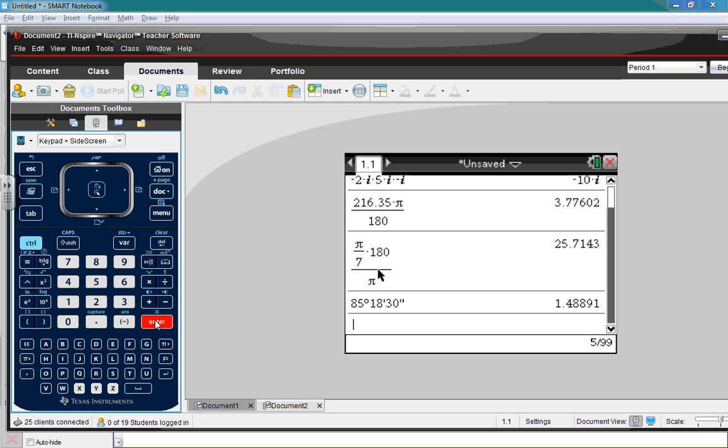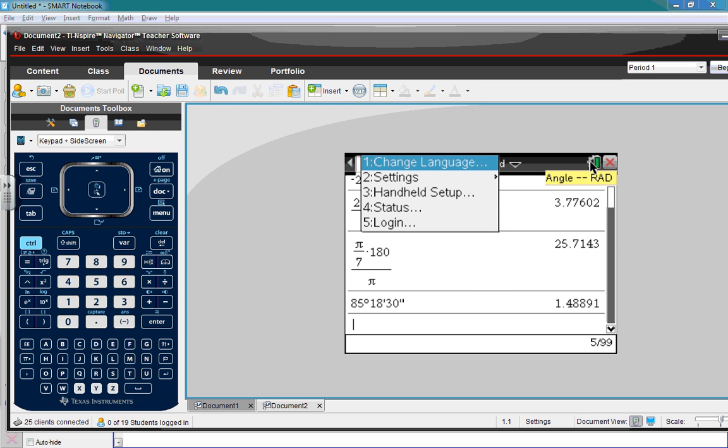Okay? That decimal, I want everybody to come up here and check this out. Everybody on the calculator, go right up here by the X, by the battery, and click on that. Do you see what that tells you? It tells you what mode your calculator is in. If your calculator is in degree mode, you're not going to get the 1.48891.